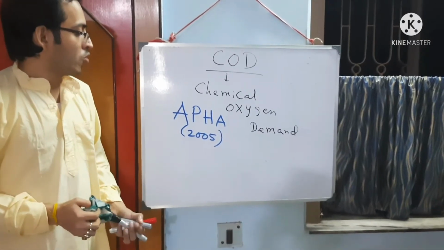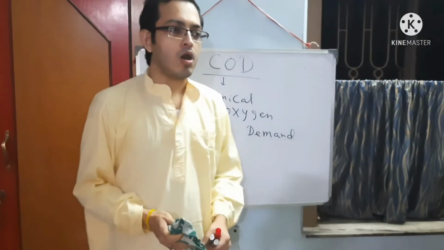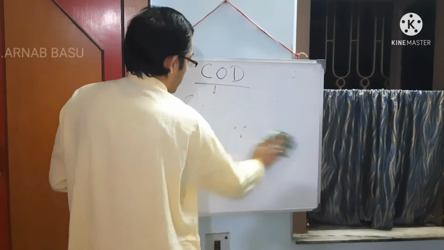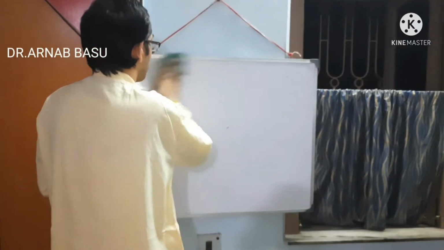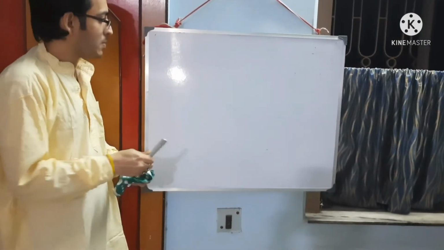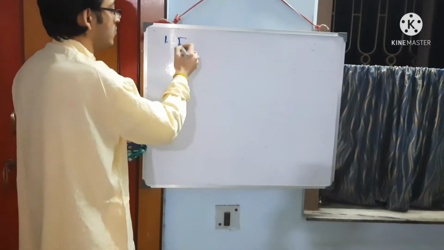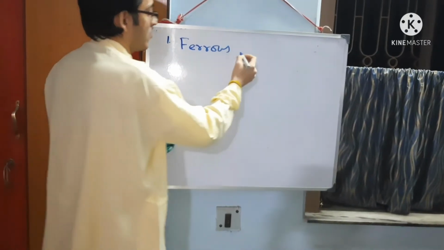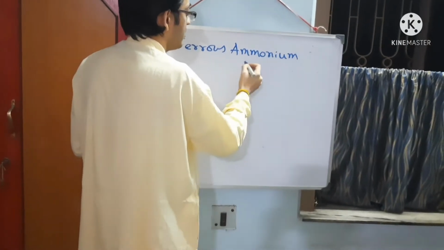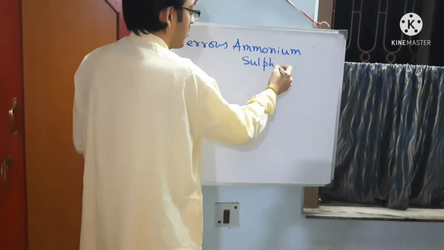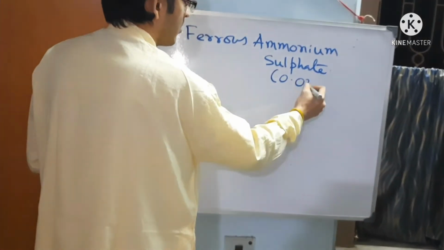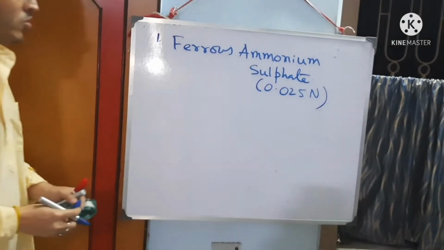So what are the requirements for estimation of COD? First one, ferrous ammonium sulfate, that is 0.025 normal.